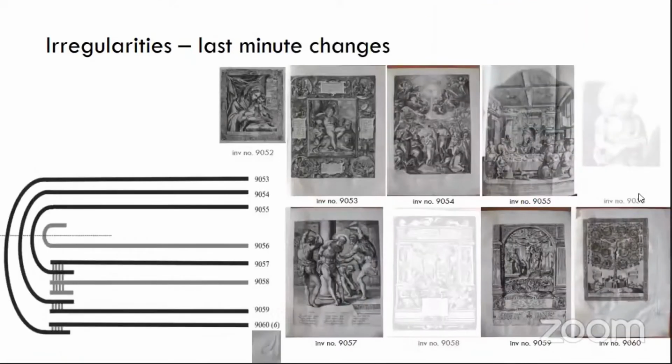If last-minute amendments were introduced, the sequence was also altered. This quire was supposed to have 6 prints. We see that the last print has a number 6, and it was obviously numbered as such.